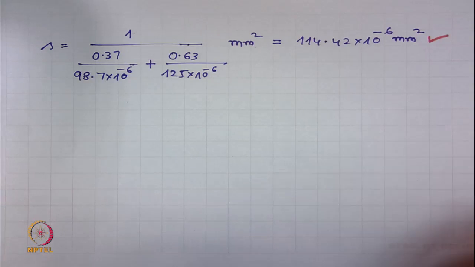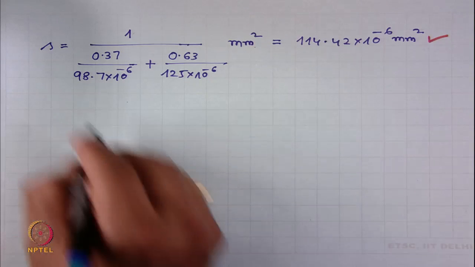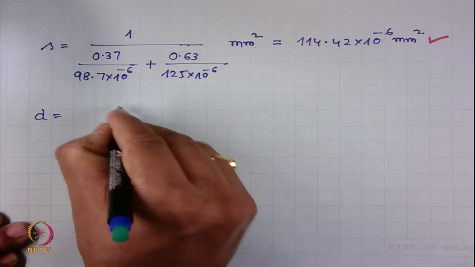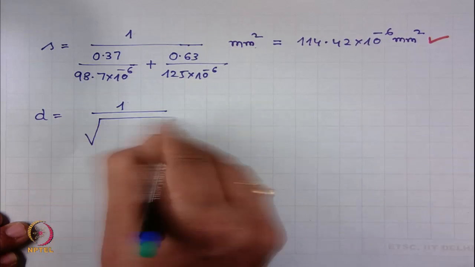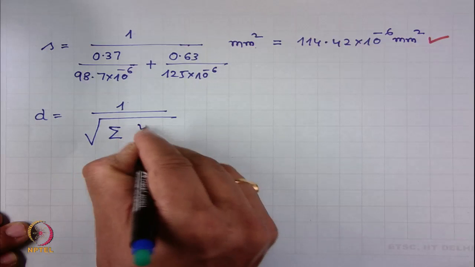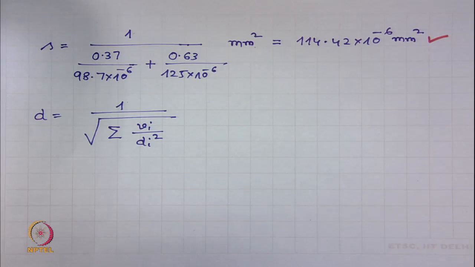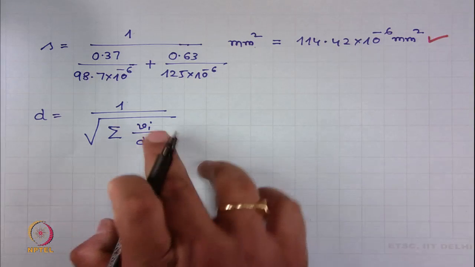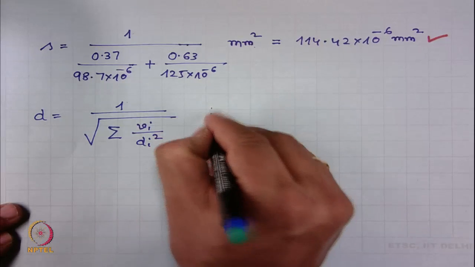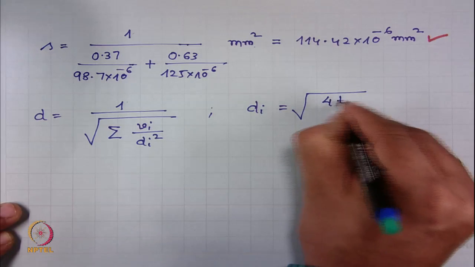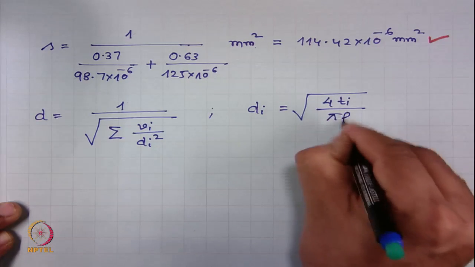We are remaining with the last one, mean equivalent diameter. So, mean equivalent diameter is 1 by square root of sum of Vi by di square. So, this is known, but di is not known. What is di? Di is root over 4 Ti by pi into rho i.